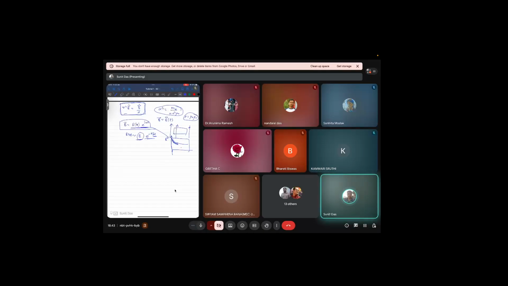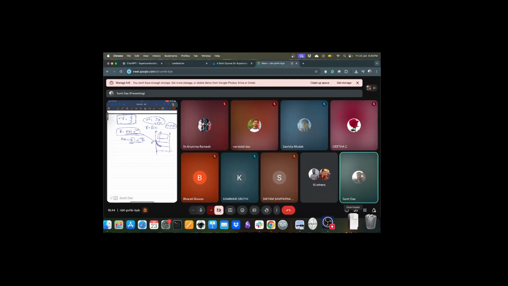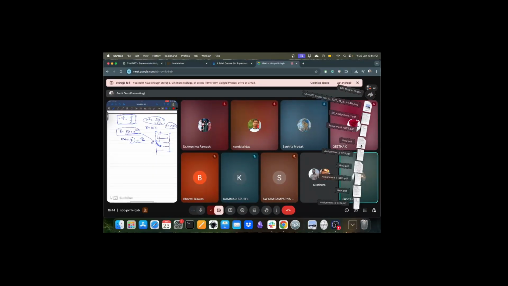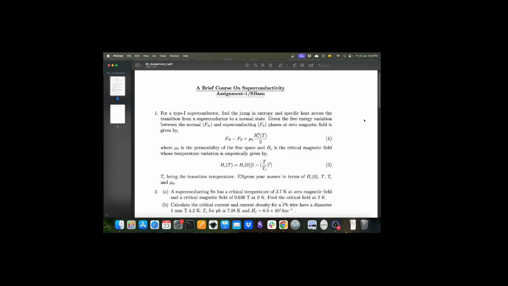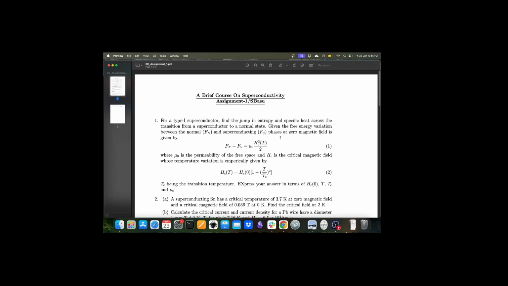So the assignment problems, let me open. Okay, you cannot see this screen actually, so let me write the assignment problem.